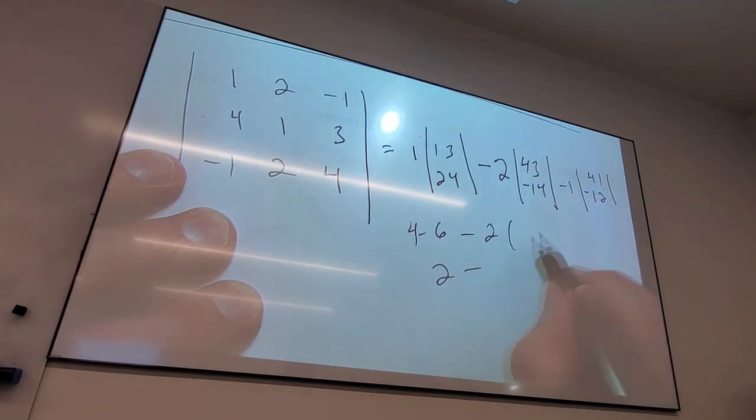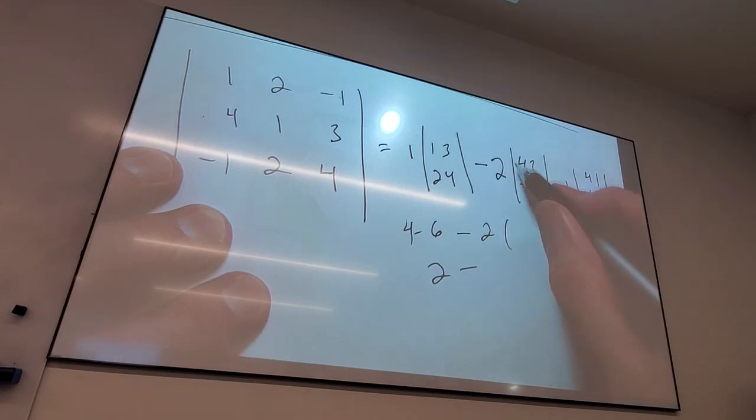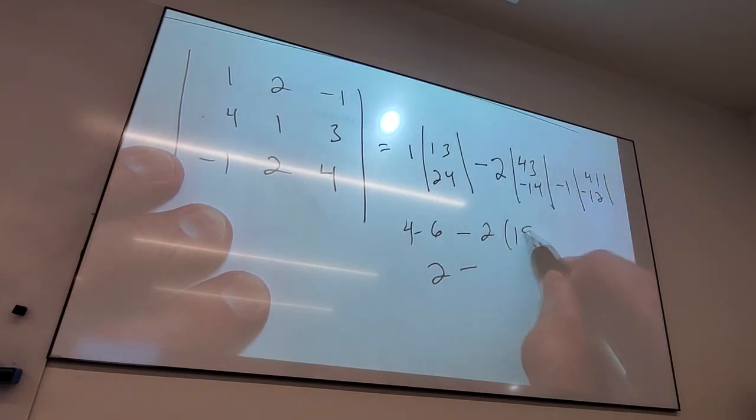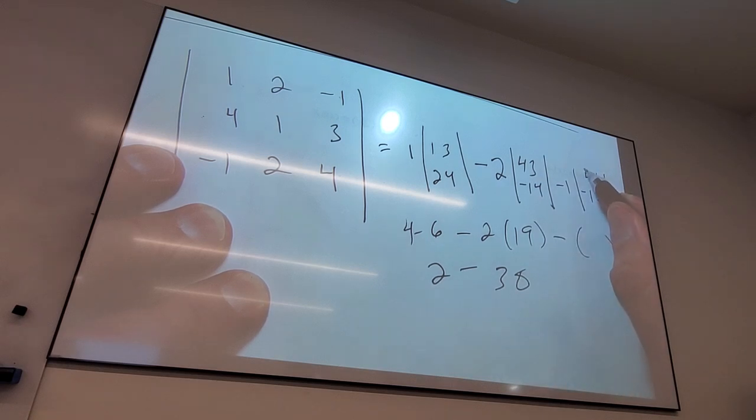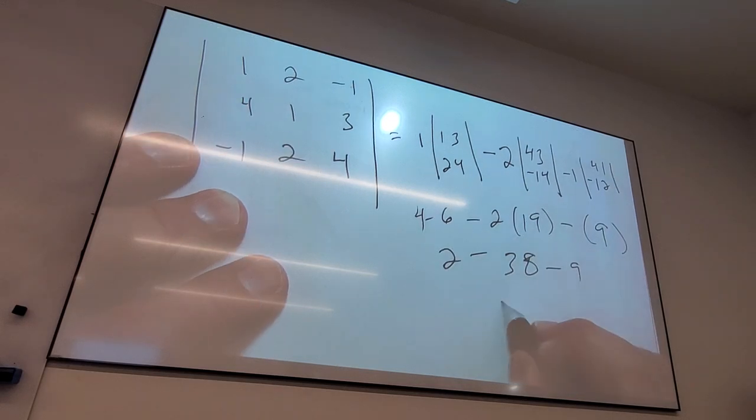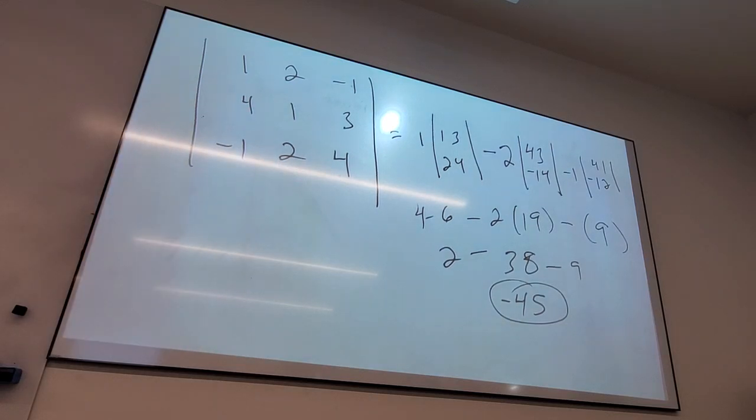And this will be minus twice. 16 minus negative 3, so 19, is that cool? 38. And then this will be minus 8 plus 1, is that cool? So that'll be negative 45? He says completely confidently? Okay.